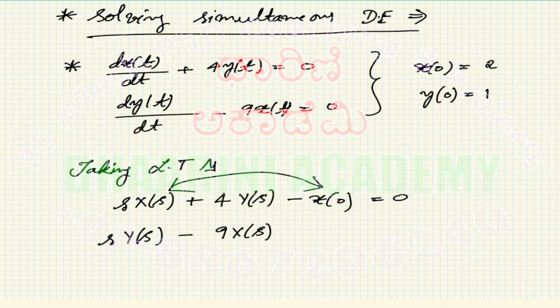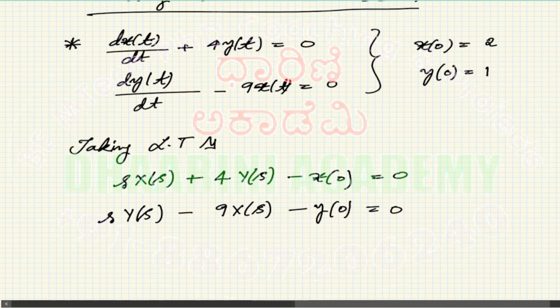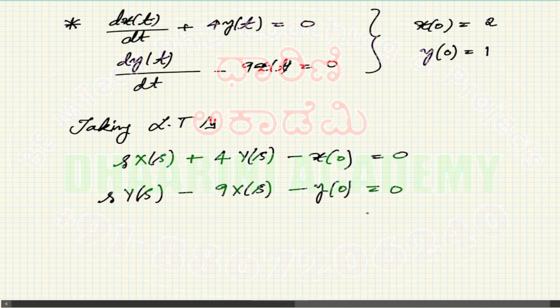I missed that, so please note that. The Laplace transform of dx of t by dt is s into x of s minus x of 0. I should also add a minus y of 0 equals 0.